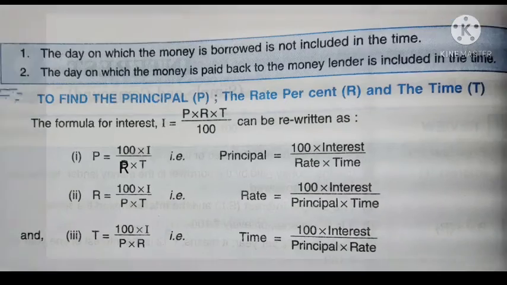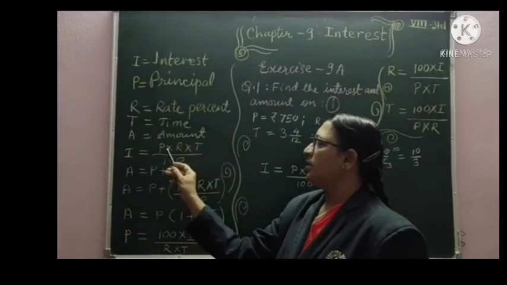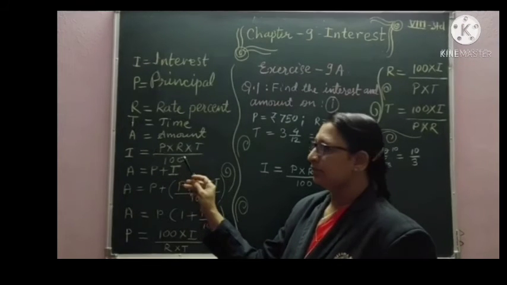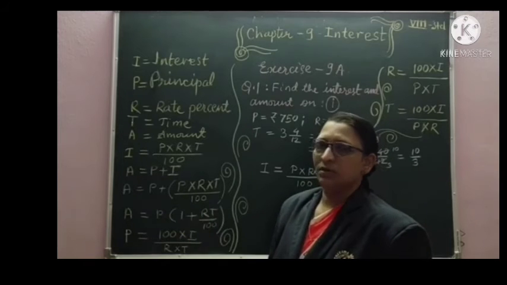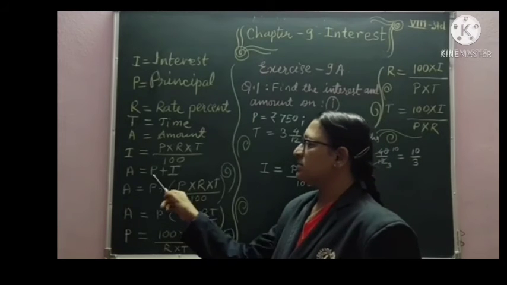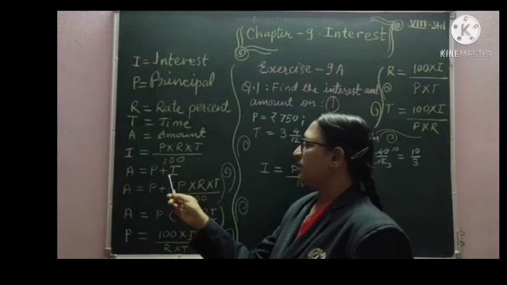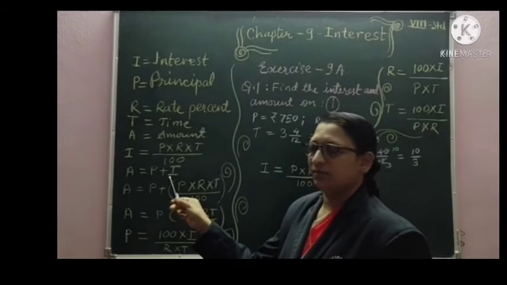Recapitulation. I can be calculated by the formula principal into rate into time upon 100. From the value of interest, we can calculate amount. That is, principal plus interest is amount. Amount also can be calculated this way if direct interest is not given.